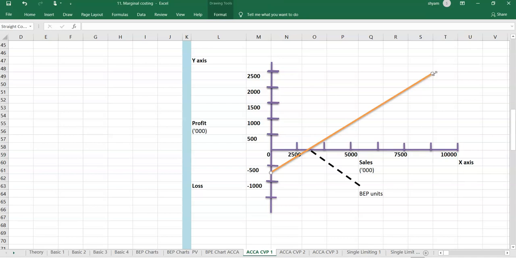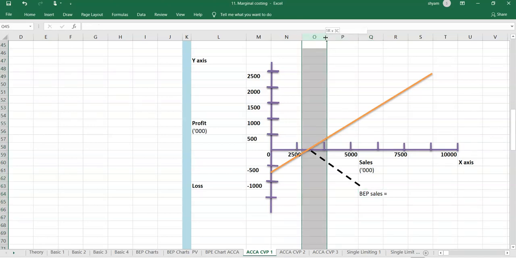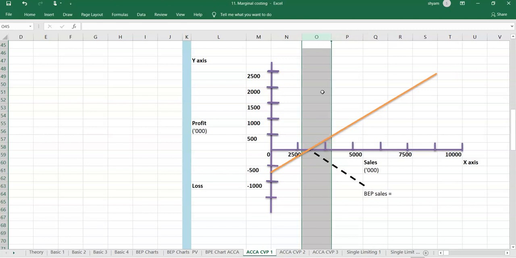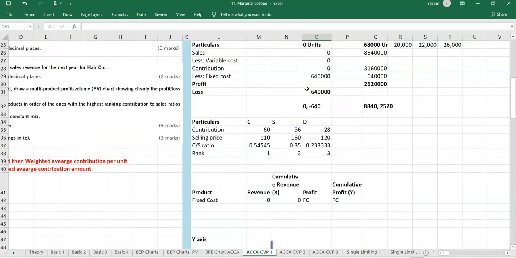Even when we draw that kind of a line, it will still be there only. But this is the BEP sales. The BEP sales point would be more than 2,500. We have to check whether that is right.